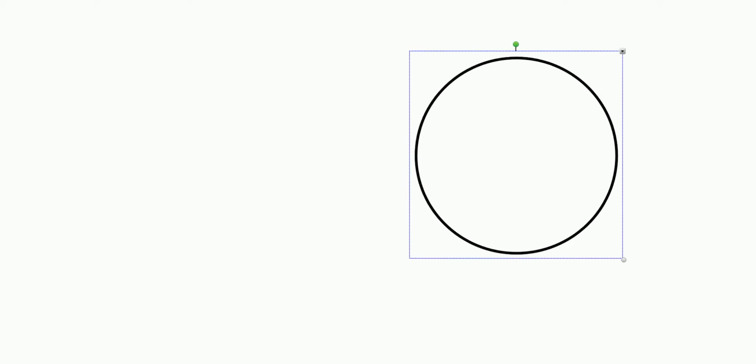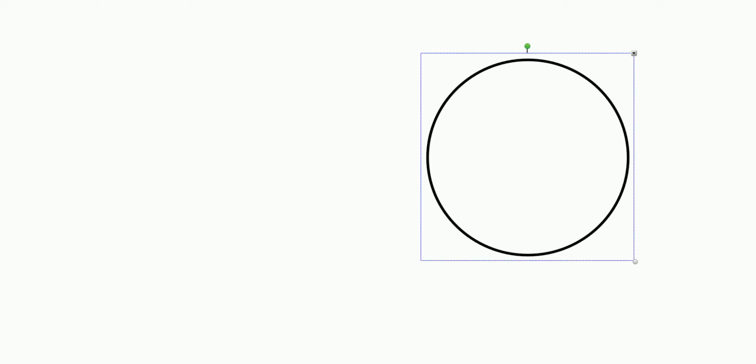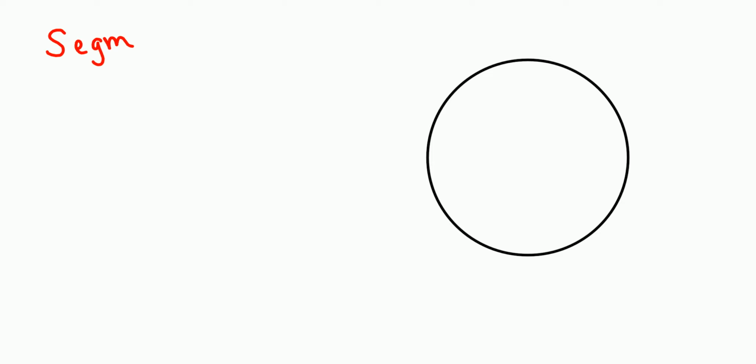Next we have sectors and segments. Okay, and there's no real definition for those. A segment is usually created by a chord.